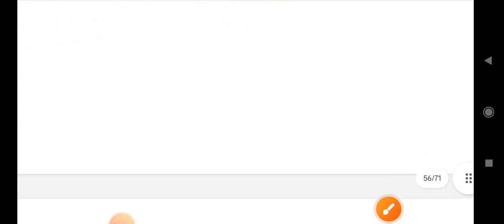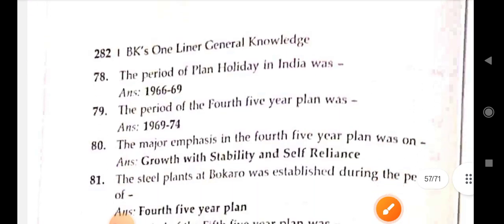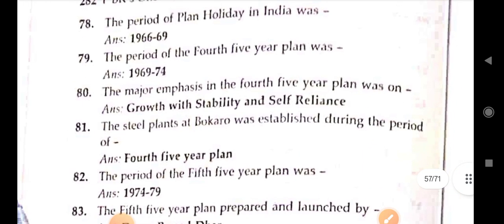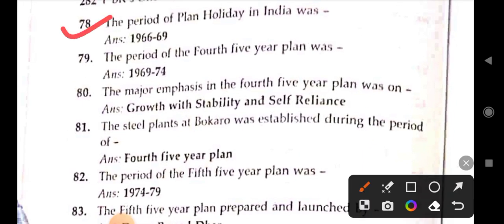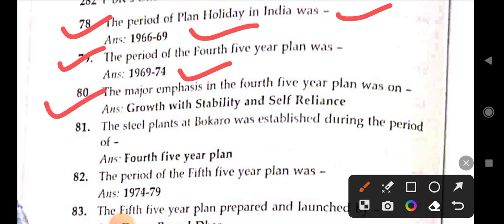Next, the period of plan holiday in India was 1966 to 69. The period of the fourth 5-year plan was 1969 to 74. The major emphasis in the fourth 5-year plan was on growth with stability and self-reliance.